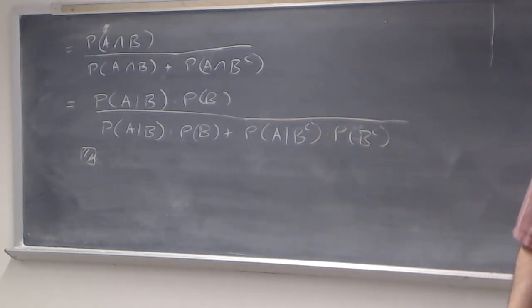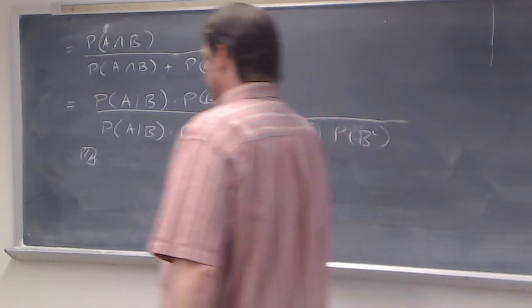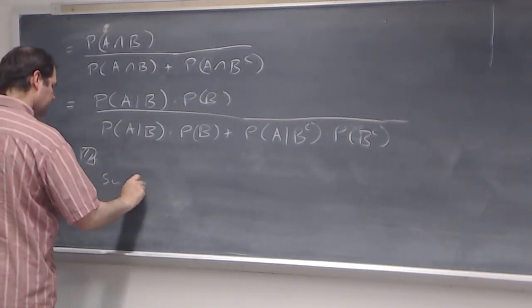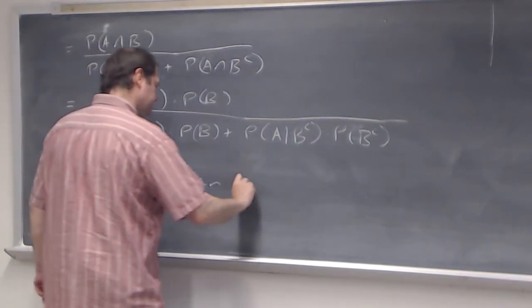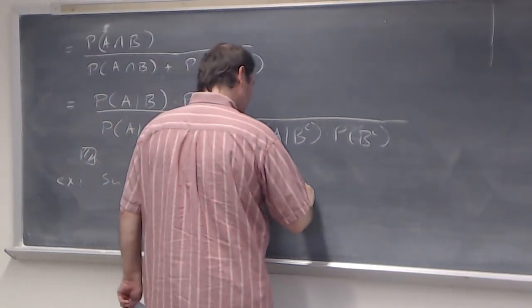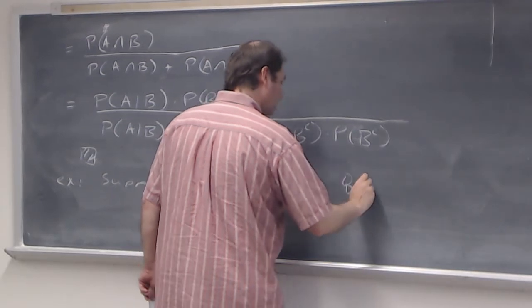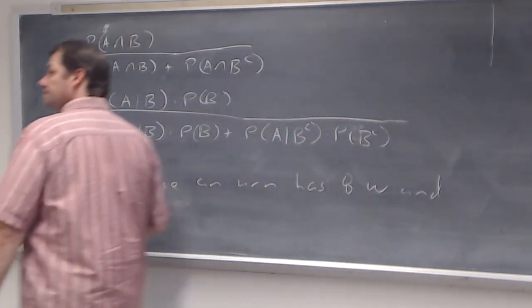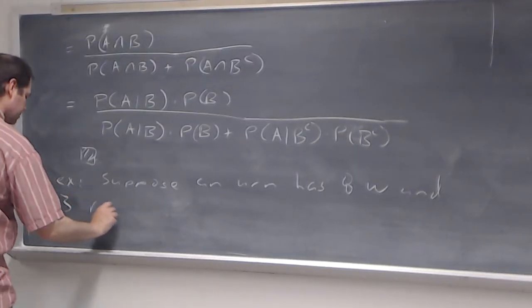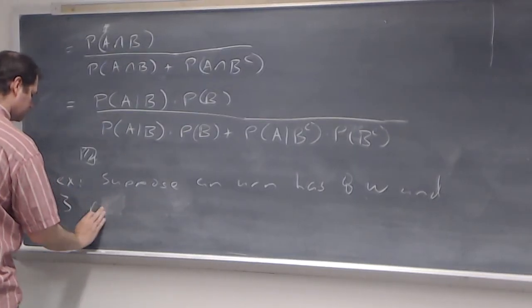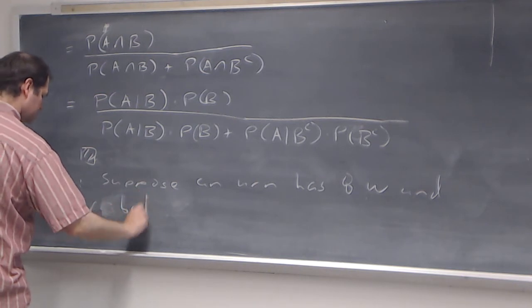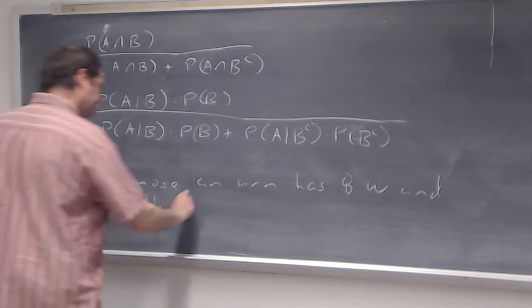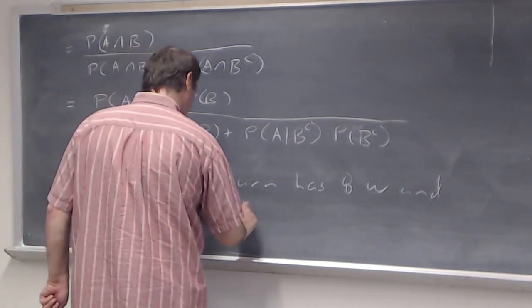So let's suppose, here, I'll write some of the example here. Suppose an urn has 8 white balls and 3 red balls. And 2 balls are chosen, one after another, without replacement.